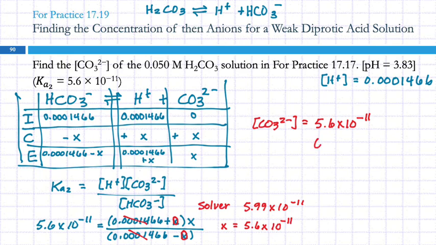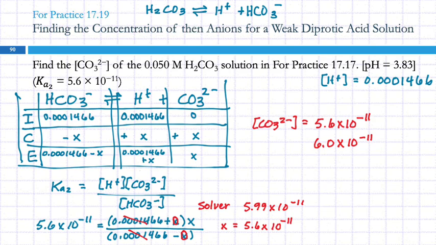If you use the solver, you'd come up with 6.0 times 10 to the minus 11. On an exam, only one of those would be present as a multiple choice correct answer. And so if you get this number and that's the choice, we should understand enough about uncertainty and sig figs to realize that that's the number we should choose.